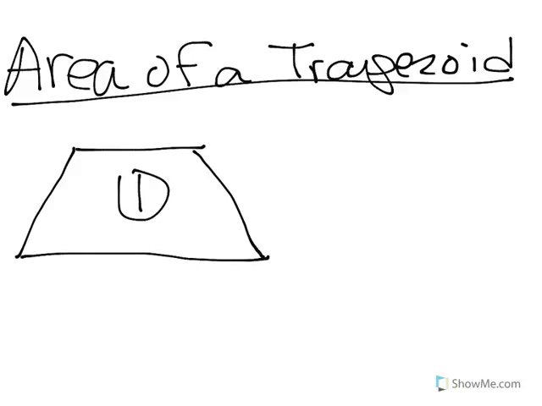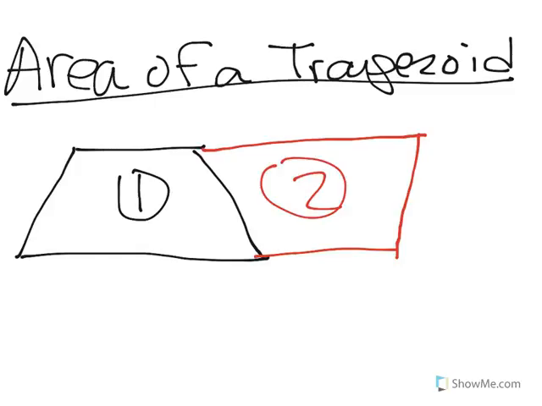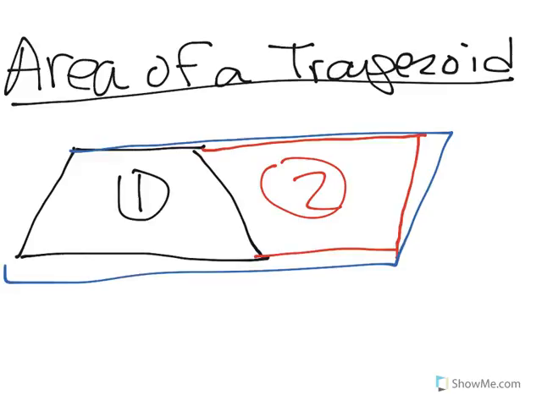Now, if I double the trapezoid and I take the trapezoid and I turn it upside down, just like this, and I take one, copy it, and turn it upside down and connect it to have a trapezoid 2, we form a shape that looks an awful lot like a parallelogram.